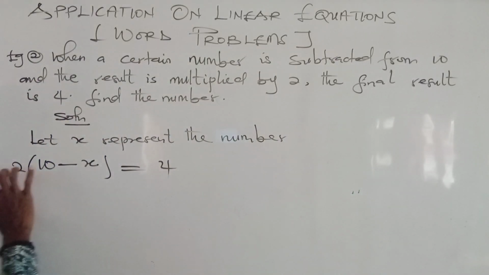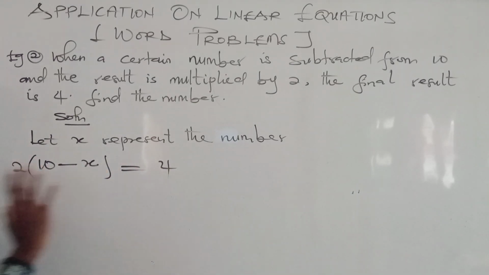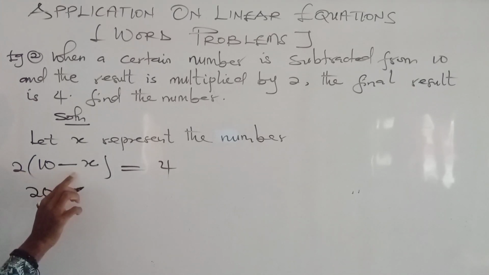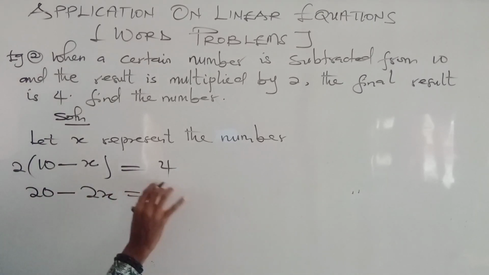Anytime you have a linear equation that contains brackets like this, the first thing to do is to open the bracket by multiplying the 10 and also multiplying the negative s. So 2 times 10 gives me 20, 2 times negative s gives me minus 2s, then equals to 4.